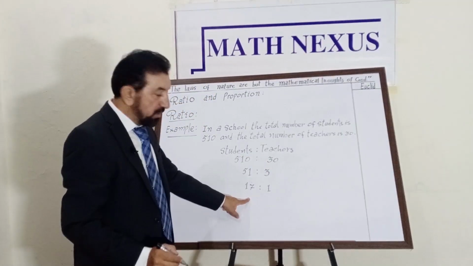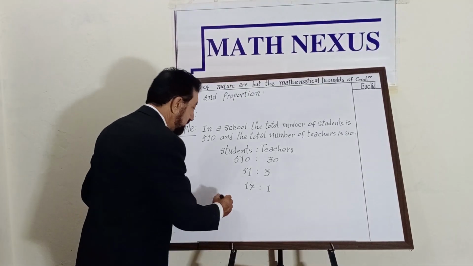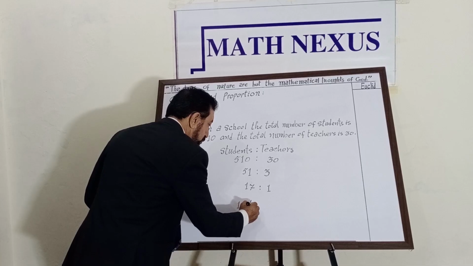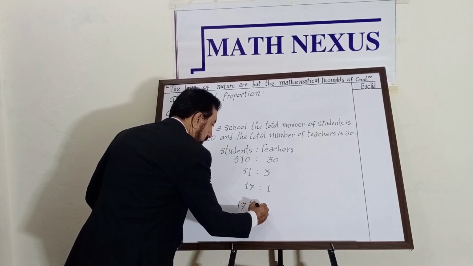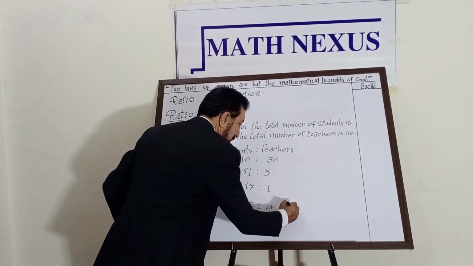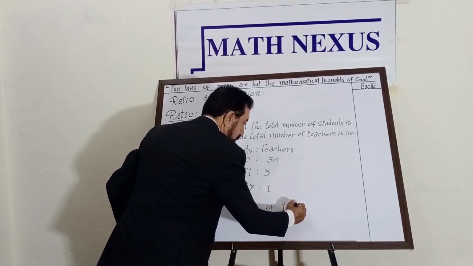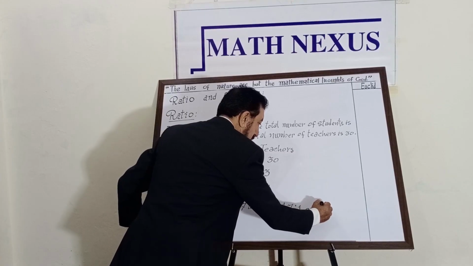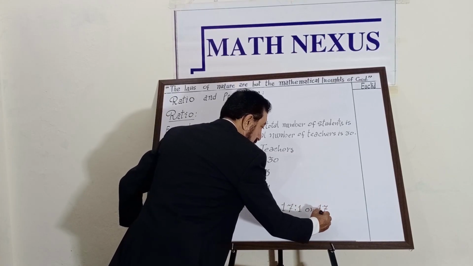We can write this ratio as 17 to 1 or 17 ratio 1 or 17 upon 1.